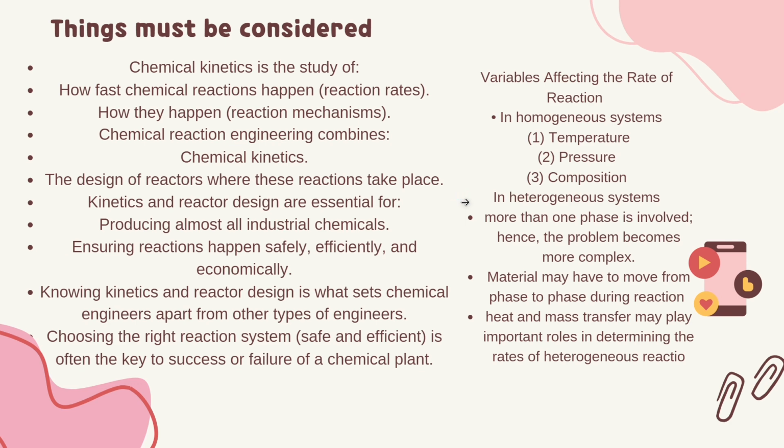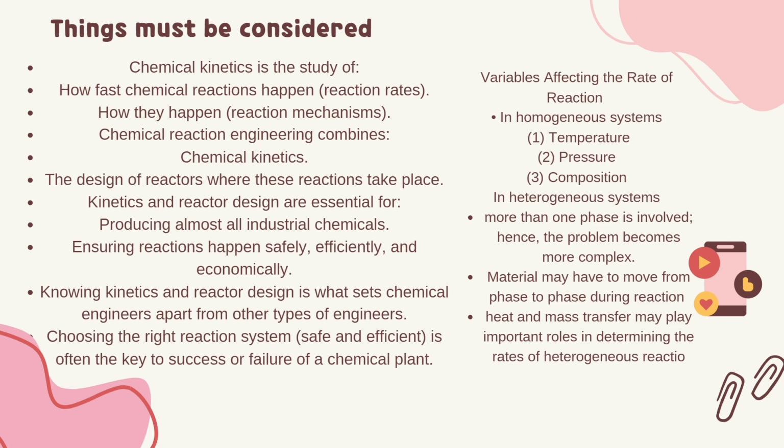The two key points to produce all industrial chemicals are kinetics and reactor design. We must ensure that reactions happen safely and economically. Knowing kinetics and reactor design is what distinguishes chemical engineers from other types of engineers.